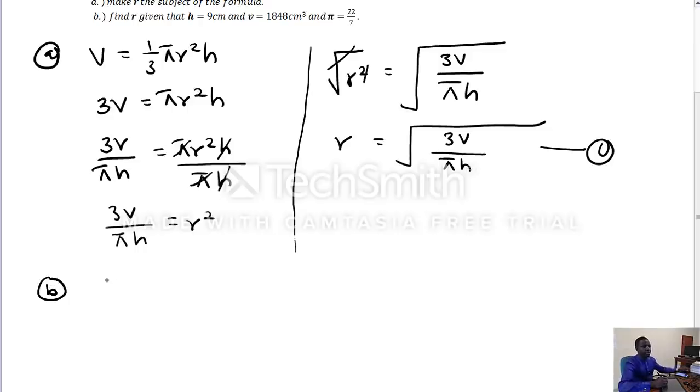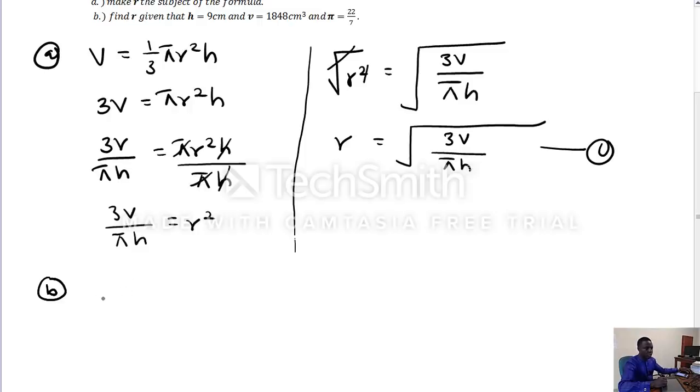B says we should find the value of R given that H is equal to 9 and V is equal to 1848 centimeter cube, with pi being 22/7.